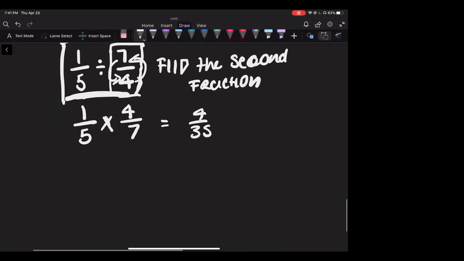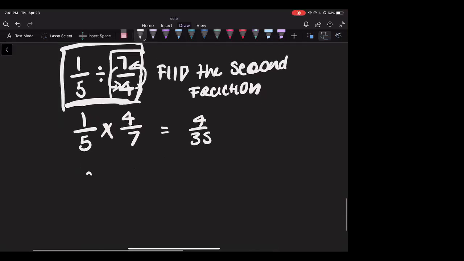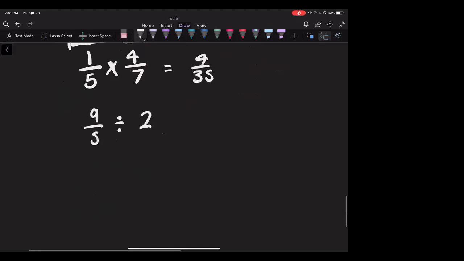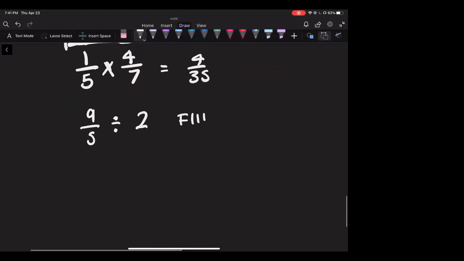The same way if I had something like 9 over 5 divided by 2. I need to multiply, so I need to flip it, right? You can't flip 2. Actually, you can. Every number is a fraction. If it's just written like 2, there's a 1 underneath it.